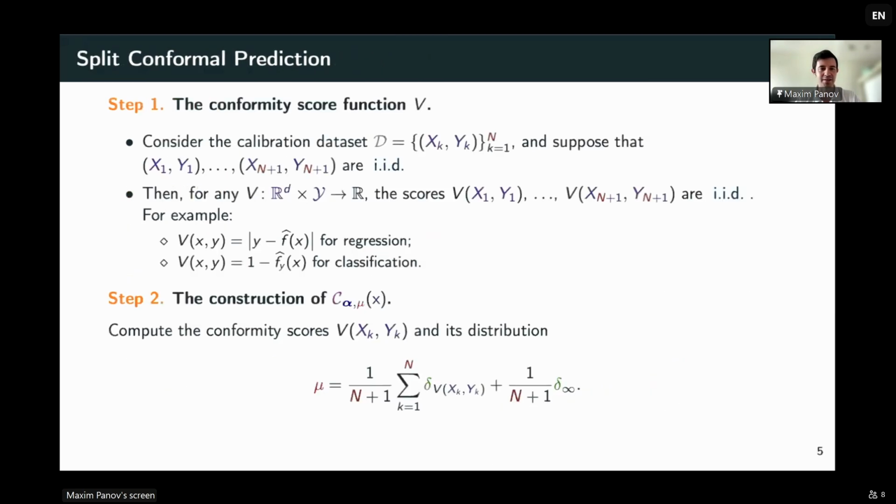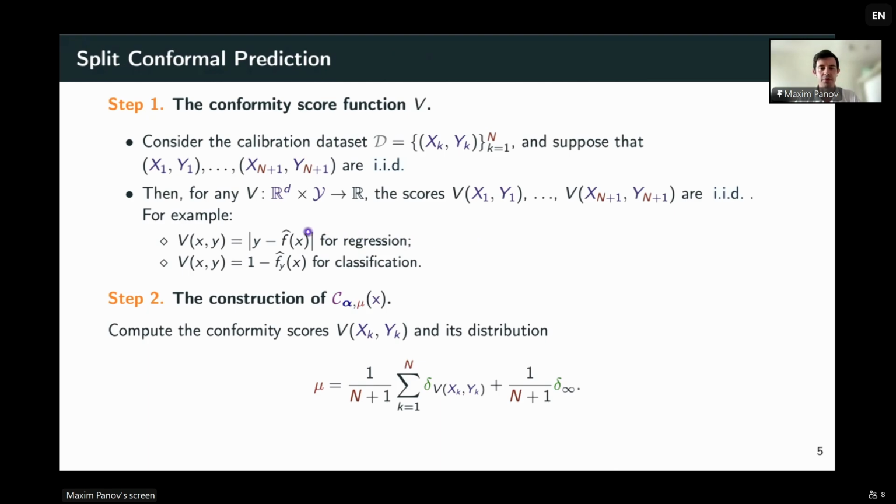Let us then discuss what the method is exactly. As I said, we are given a calibration set of n points, and then the next ingredient which we need is the so-called score function. For given x and y, we want to compute a score, which basically measures how the prediction at this point aligns with the true label.